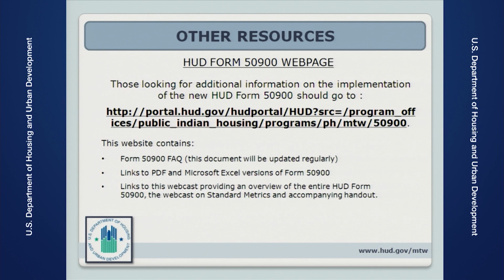The webpage contains the 5900 FAQ that has been posted and that we'll be continuing to update regularly, links to both the PDF and Excel versions of the form itself, links to this webcast, to the associated Standard Metrics webcast, and to a handout that will go with the Standard Metrics webcast. There's going to be a lot of information there, and we recommend that you check out the website for anything you may need relating to these trainings and the webcast.